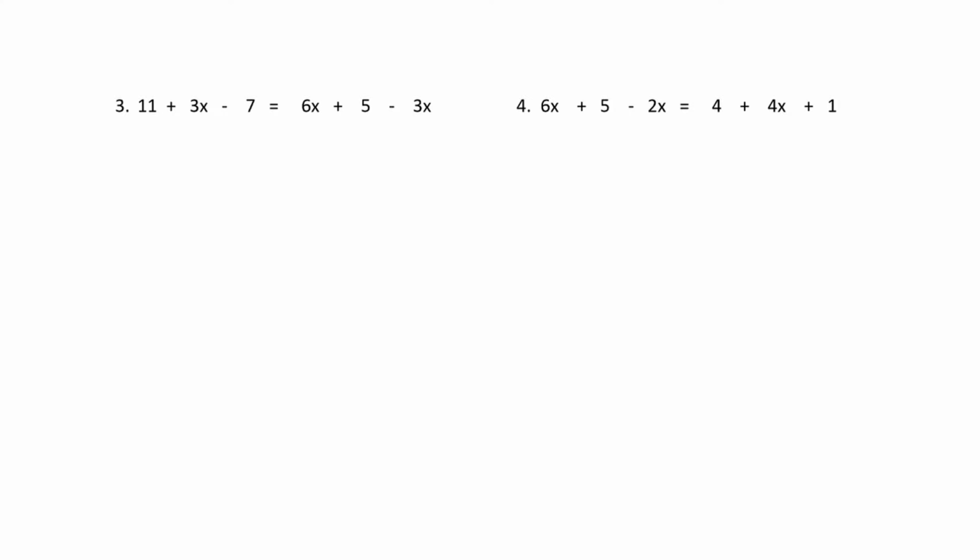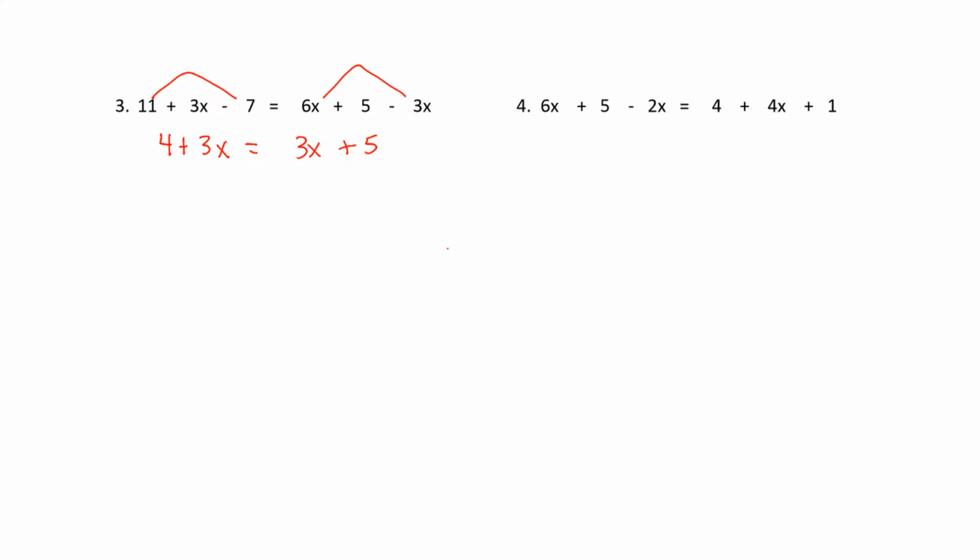Now we'll look at example 3. I have like terms on the left side and on the right side of the equation, so I'm going to combine those first. I have my 11 minus 7, which would be 4 plus 3x. And on this side, I have my 6x minus 3x, which would be 3x plus 5.